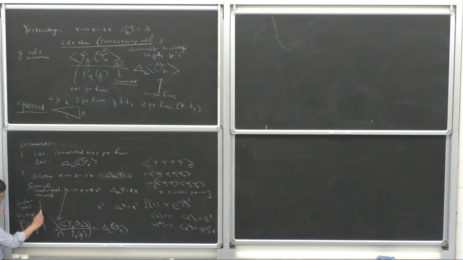But the higher ones would actually involve a soft graviton as well, a soft tensor mode, and a soft scalar mode. Okay, I'm being very schematic here. It involves both quantities.